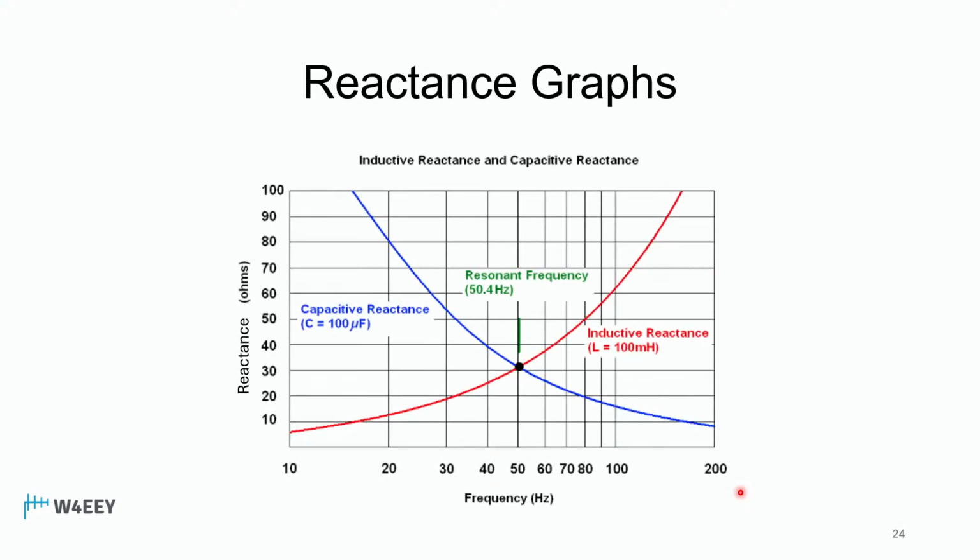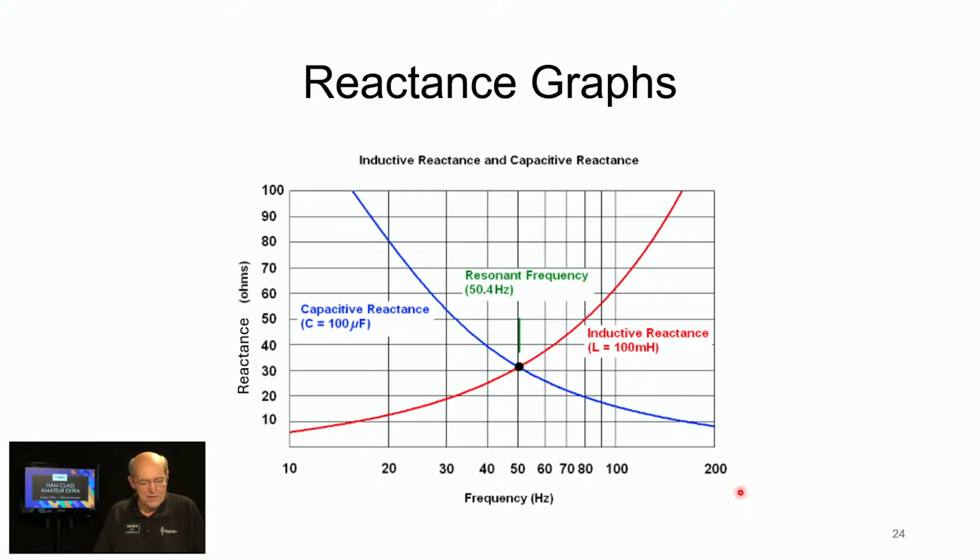Now here's a graph. Something really interesting happens when you take a particular value of inductor and capacitor and calculate the reactance at a given frequency. So here's some graphs of how, as the frequency changes, these are audio frequencies in this case, 10 hertz up to 200 hertz.